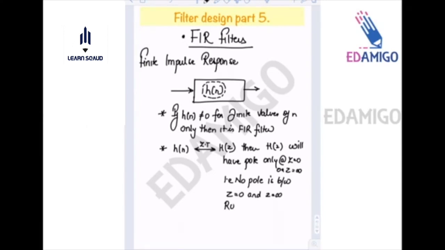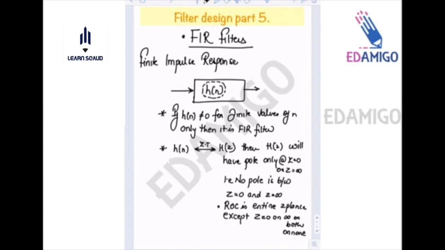And we also know that the ROC is the entire z plane except z equals 0 or infinity or both or none also, because if h(n) is equal to delta n, then in that case the ROC is the entire z plane. Okay, 0 and infinity are also included.